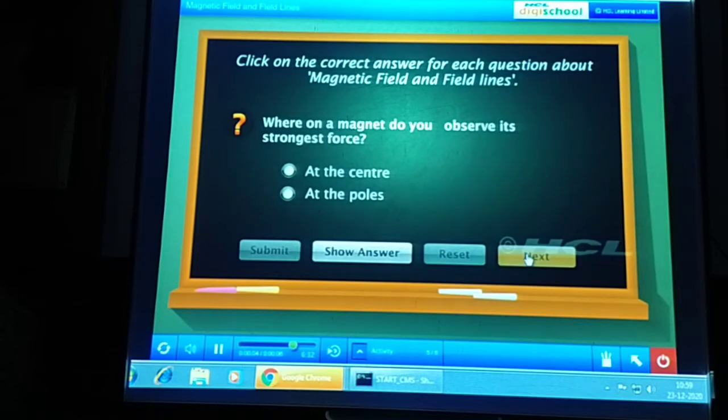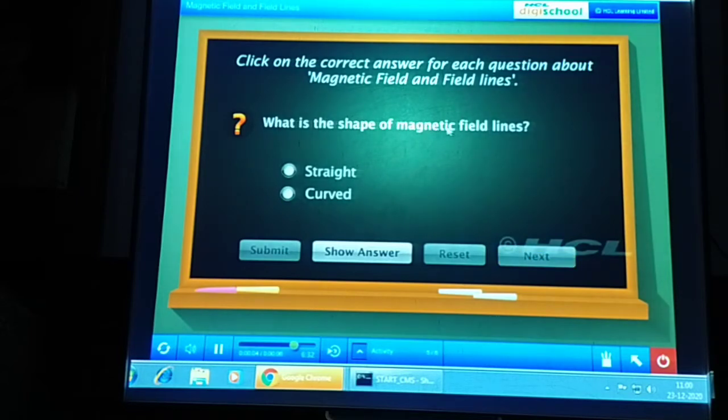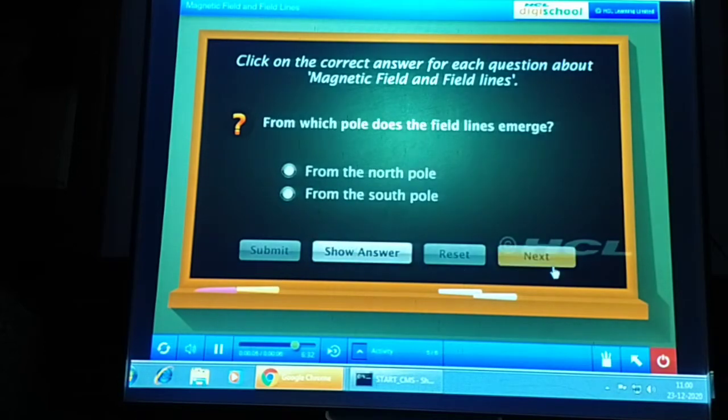Where on a magnet do you observe its strongest force? Poles. Okay. Next. What is the shape of magnetic field lines? Curve. Next.